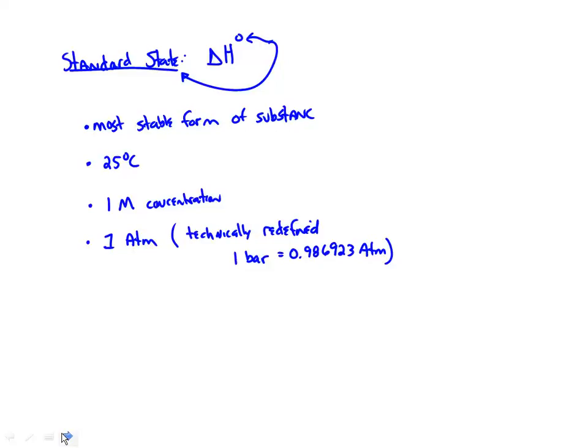The other thing we have to remember about delta H values is we have to be very careful of the states. The physical states of things are important, because it takes energy to go from one physical state to another. We know that in order to go from, say, solid ice to liquid water, we have to add energy, right?